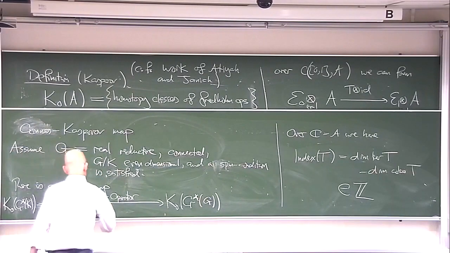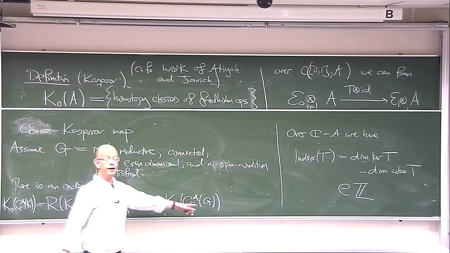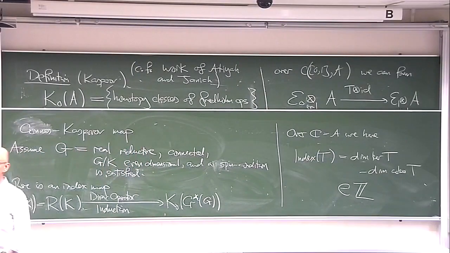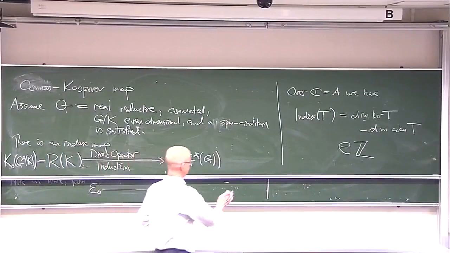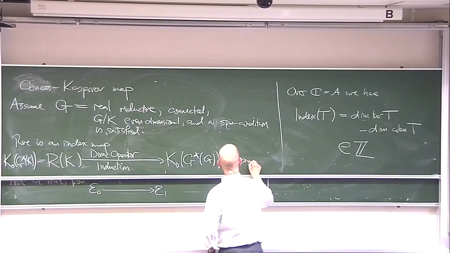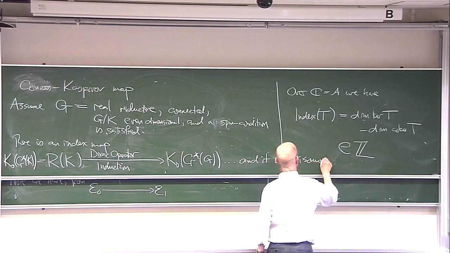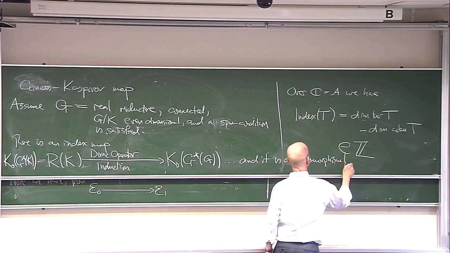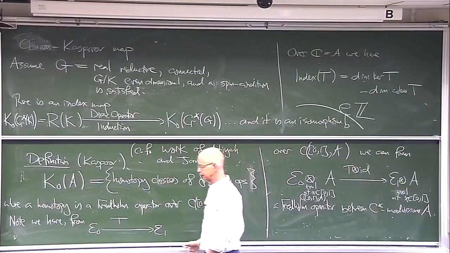But you should think of it as a sort of induction operation, which takes representations of K and converts them into representations of G. And so this is an operation which is a little subtle. Obviously this map turns out to be an isomorphism.